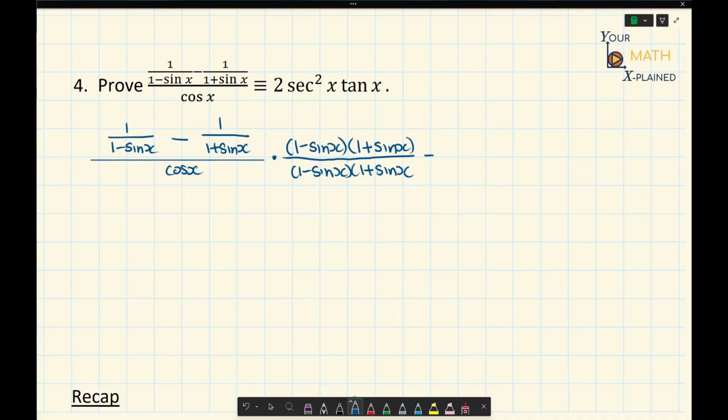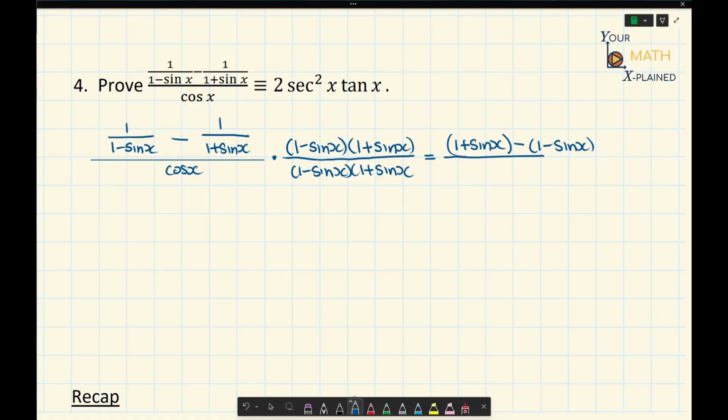So then this is equal to, if we multiply it to each of the fractions on top, for the first one, the 1 minus sine x is going to cancel out, so we're left with 1 plus sine x. And with the second fraction, the 1 plus sine x is going to cancel out, so we're going to be left with 1 minus sine x.